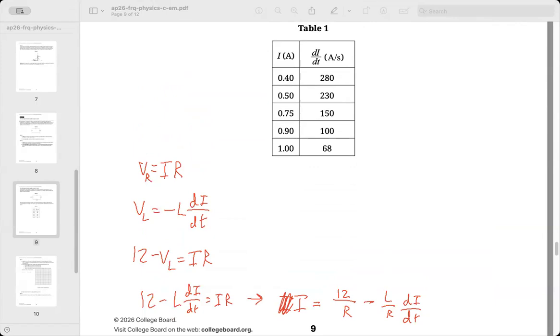And then my I values are 0.4, 0.5, 0.75, 0.9, and 1. Let's go ahead and create a linear regression. Okay, perfect.